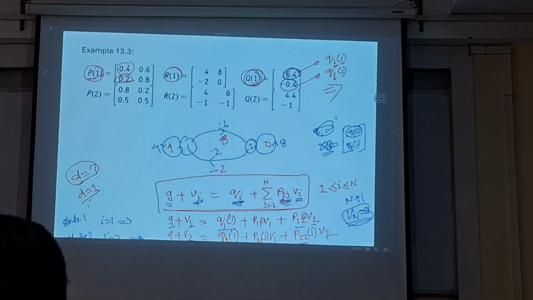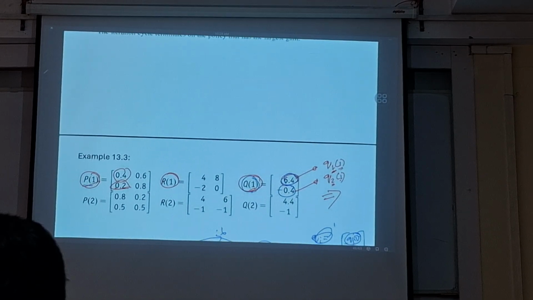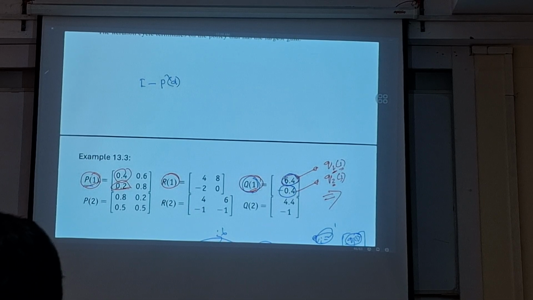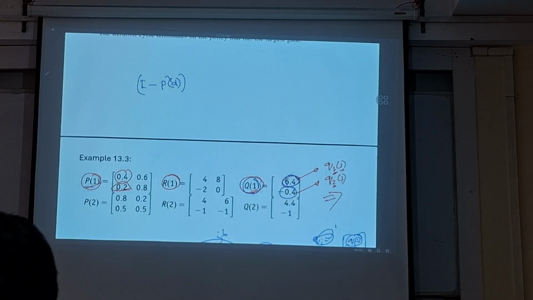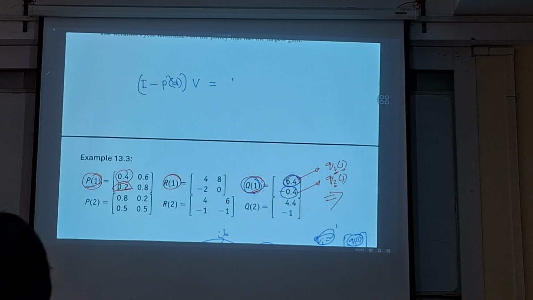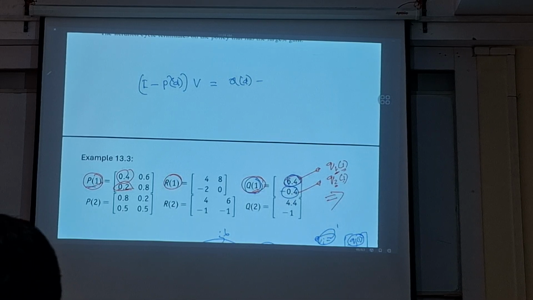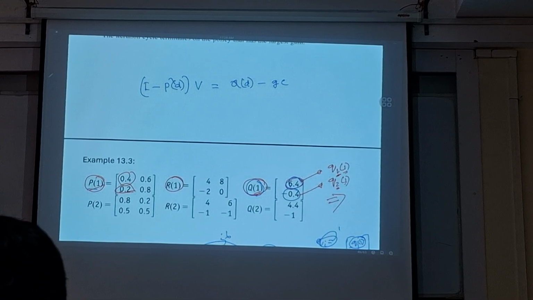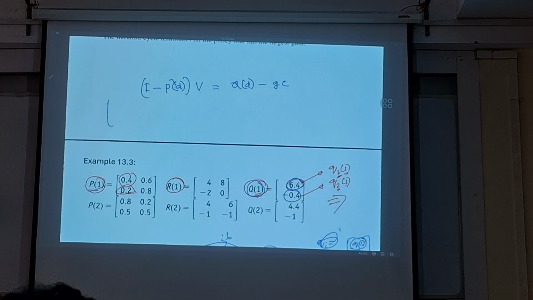Let's say our R is a matrix here. Let us write here the identity matrix minus the dilution probability matrix for policy B, multiplied by what? The vector B equal to QB minus GC. If we write it, what will be the identity matrix?